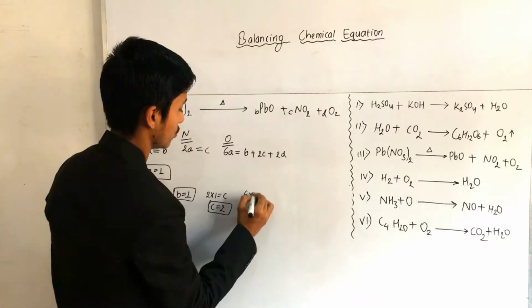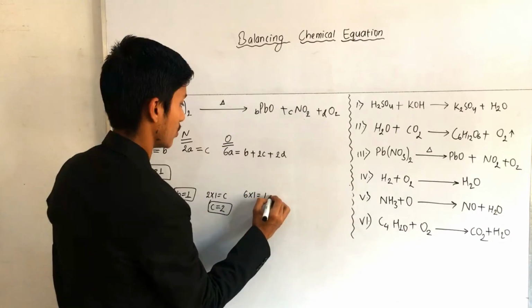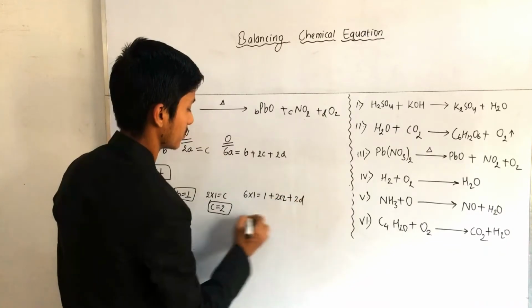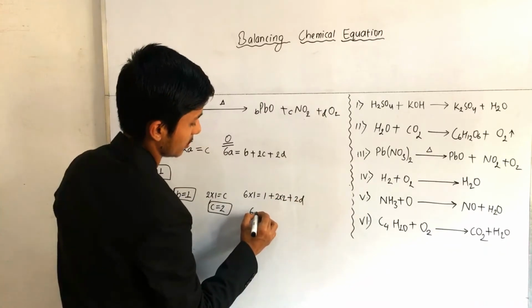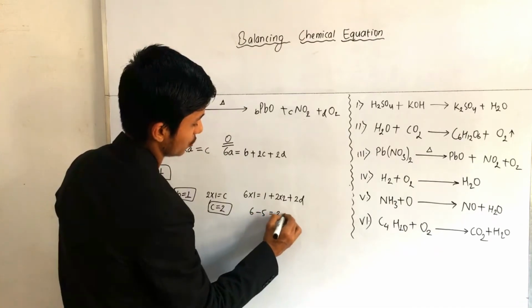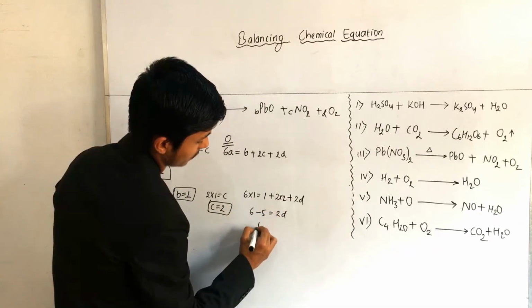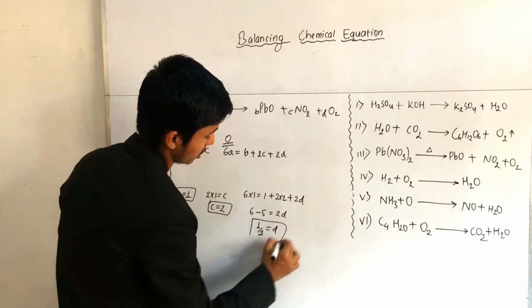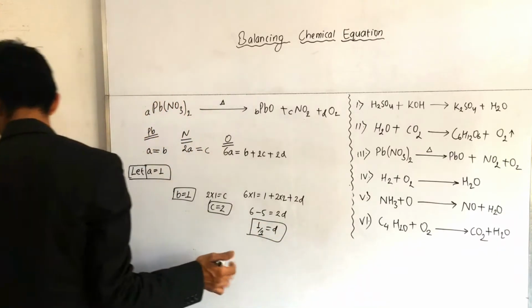Similarly 6 into 1 is equal to 1 plus 2 into 2 plus 2D. 6 minus 5 is equal to 2D. This 1 by 2 is equal to D. D is equal to 1 by 2.